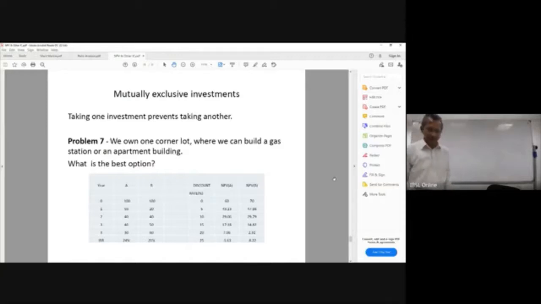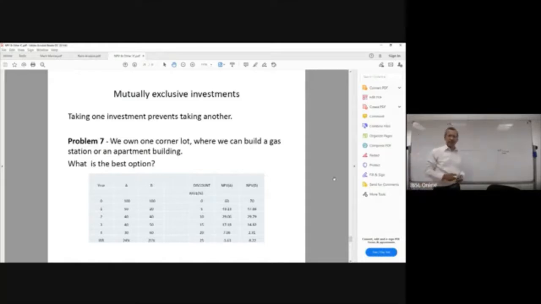Okay. So again, I have to draw a graph with your help, right? We take the discount rate and the NPV. This is the discount rate, and this is NPV.